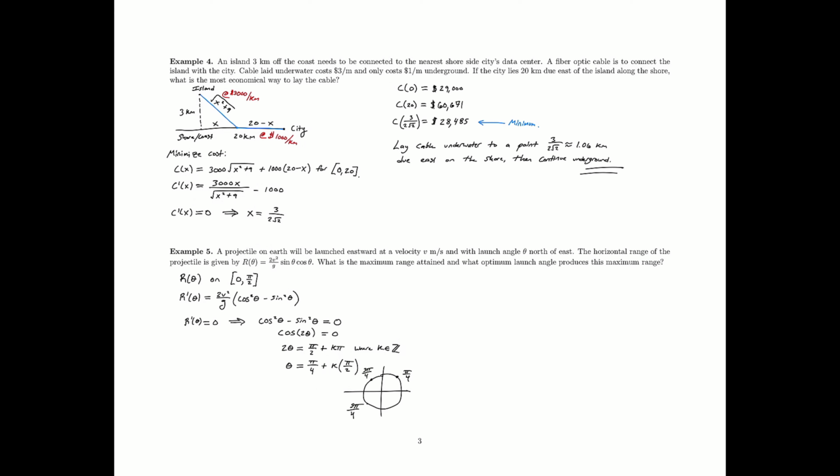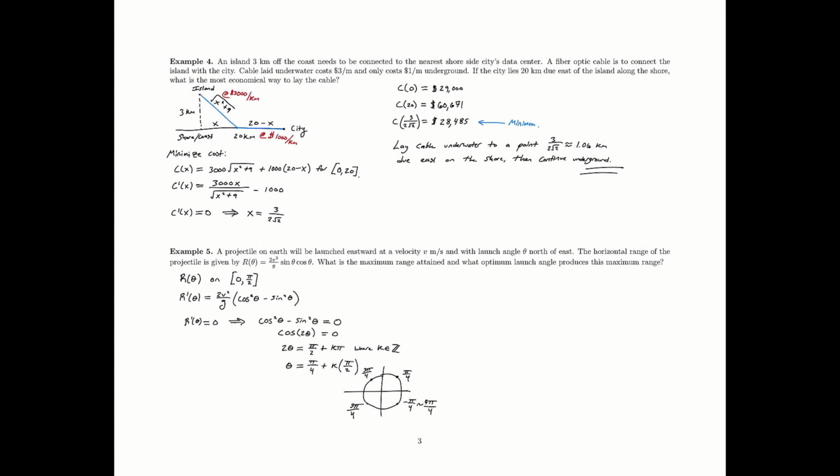And even if we go backwards, if we do negative 1 for k, then we'd rotate clockwise by 90 degrees, which would end up here at negative pi over 4, or it's equivalent on the unit circle to being 7 pi over 4. These values numerically are not equal, but they represent the same location on the unit circle, so we would say that they are equivalent. Not equal, but they are equivalent.